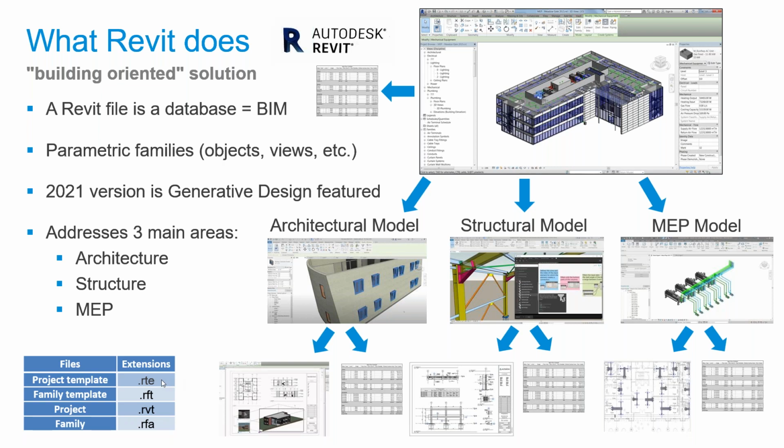And from these models, you can also automatically generate deliverables like drawings, which are sheets in Revit, and also a bunch of different automated lists, schedules, and so on and so forth. So that's a very quick overview, in a nutshell, of the capabilities of both AutoCAD Plant and Revit. Okay, I'll move on to the next slide here.